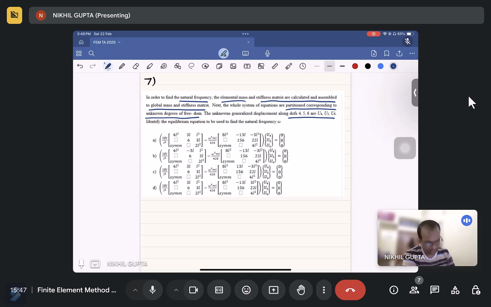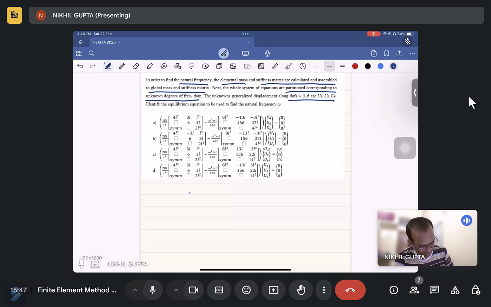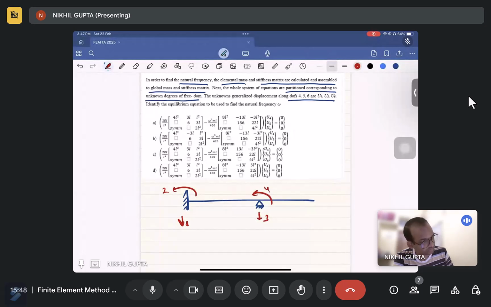I don't know if the question has the figure in the assignment, but it is like this, where this is 2, this is 1, this is 3, this is 4, this is 5, and this is 6.